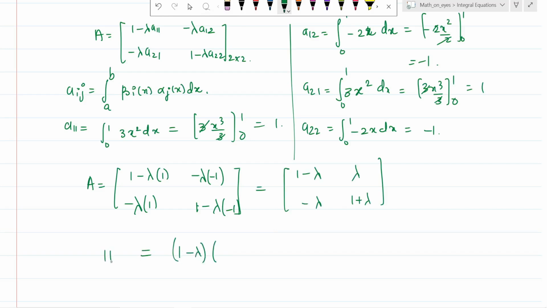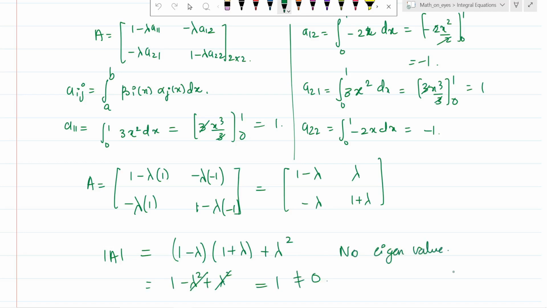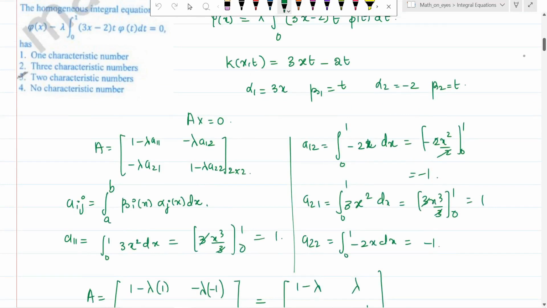Just find the determinant of the matrix A and equate it to 0 to get the value of lambda. So (1 minus lambda)(1 plus lambda) plus lambda squared. So this is 1 minus lambda squared plus lambda squared. When you cancel, you get 1. It is never equal to 0. So therefore, no eigenvalue, that is, no characteristic number. It has 0 characteristic numbers. Option 4 is the correct answer.